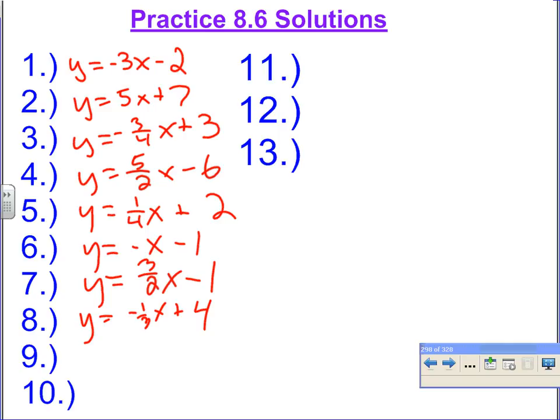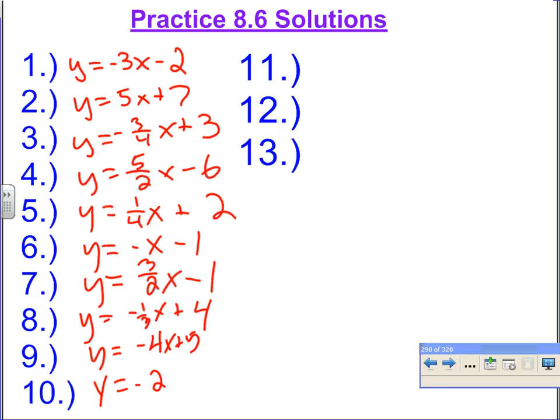Peyton, number 9. Oh, yeah. I keep forgetting that. Sorry. Amberly, number 9. Good. Negative 4x plus 5 or negative 4/1. Either way is fine. Shane, number 10. Good job. Y equals negative 2. That's another one of those problems like the warm-up where the slope is 0. You just get y equals a number.